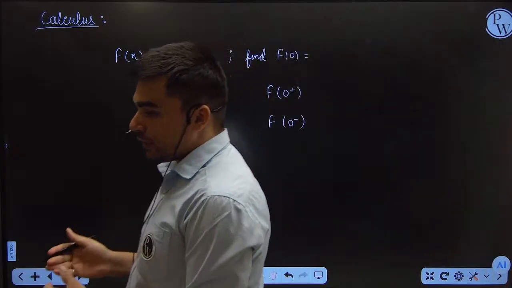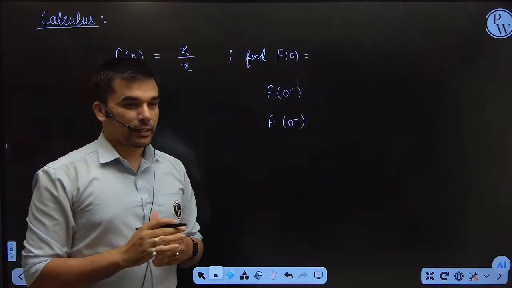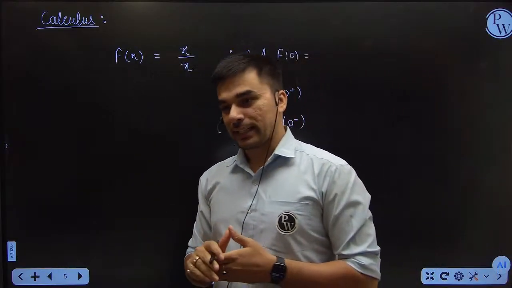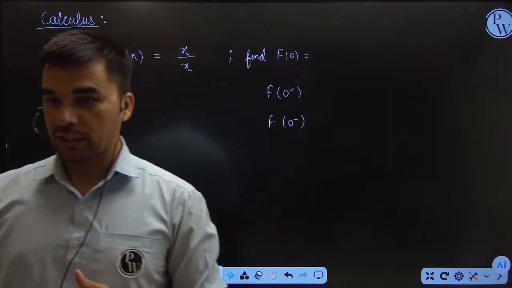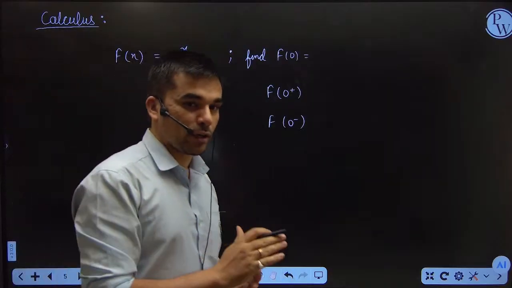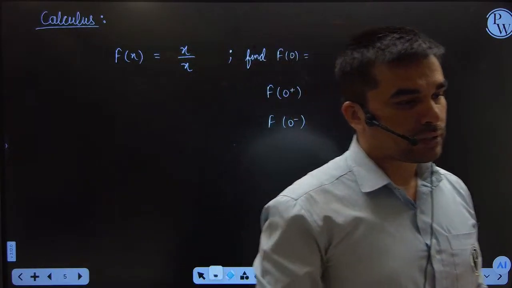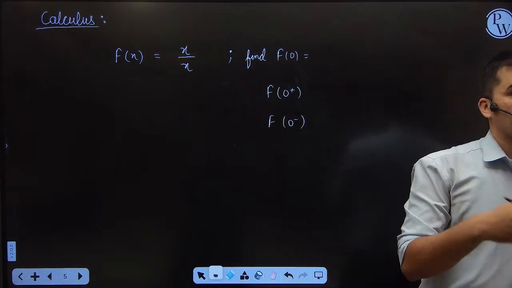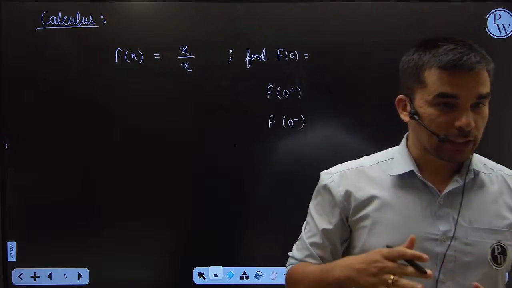So in physics, in most of the scenarios, you will be required to calculate limiting values. You are not required to calculate the exact values. Going forward, even in kinematics chapter, Newton's laws of motion also, you will come across situations wherein you will be required to calculate the maximum value of force or minimum value of force so that the body starts moving.